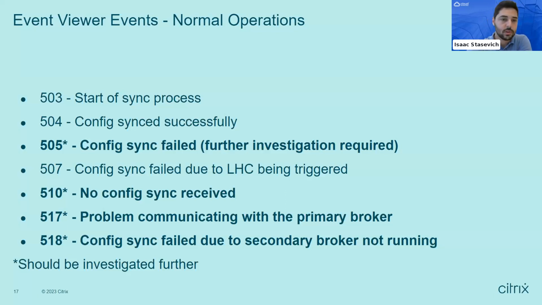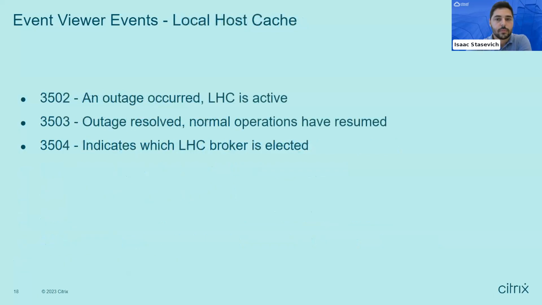So that's just one note there. And then as to when this actually starts and which one the elected broker is, there are also these events that we can monitor: when an outage occurred, when we're back to normal, and which one of our brokers is elected.